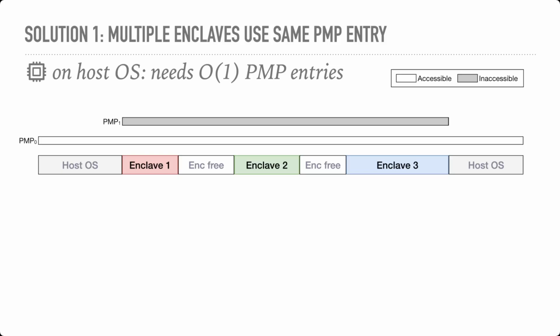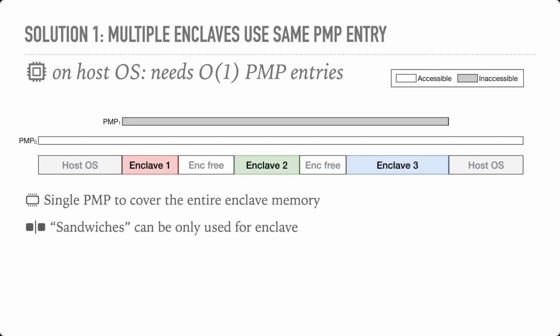The shortage may be the useless sandwiches. We call the memory between enclaves sandwiches. It cannot be used by the host OS, and it can only be used for enclaves in the future. But we think compared to the large amount of whole memory, this memory waste is acceptable.